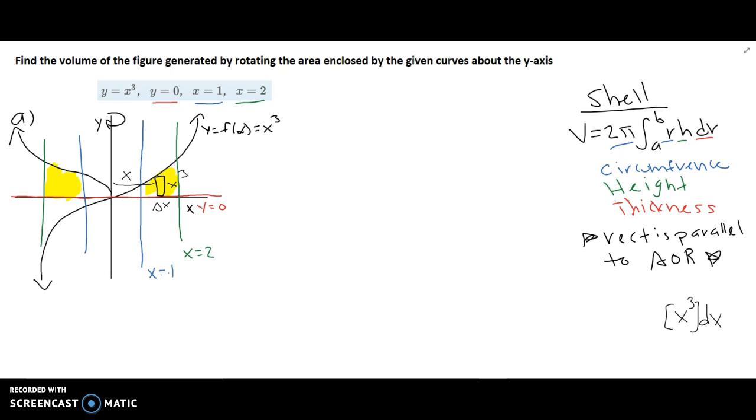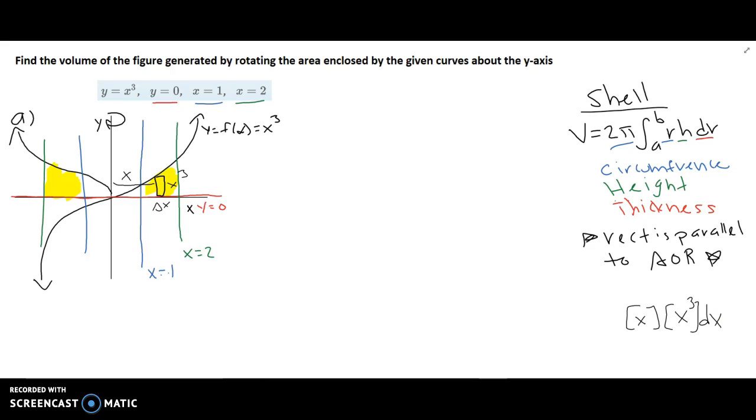So radius here is going to be x, and of course we know that for this class, radius is either going to be x or y for shell method, right? And we already identified that we have dx in our integral, so it can't be y, so that only leaves x. Try not to get too confused with the radius part. If you have dx, it's going to be x. If you have dy, it's going to be y. That's all you really need to know.